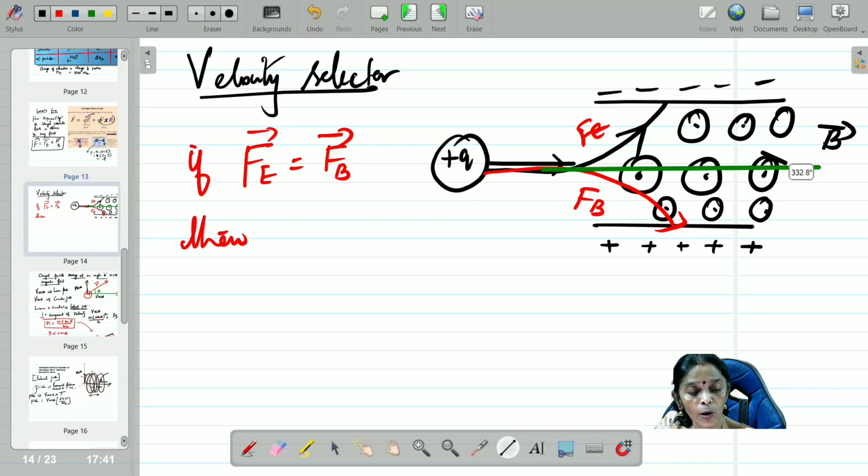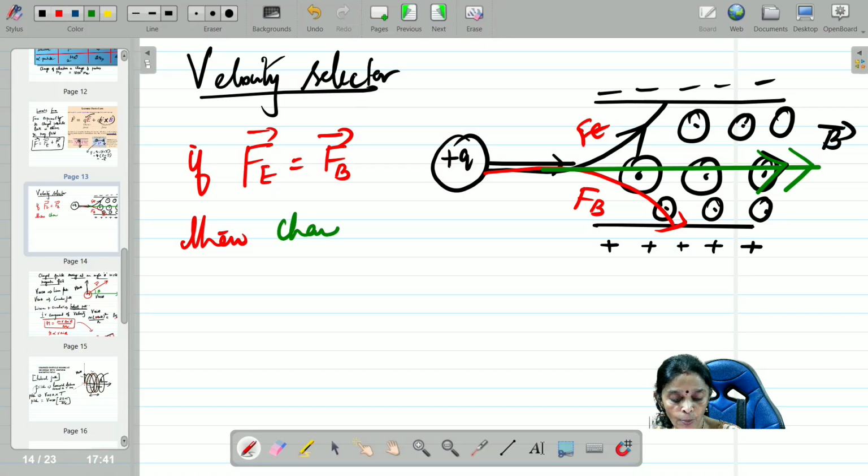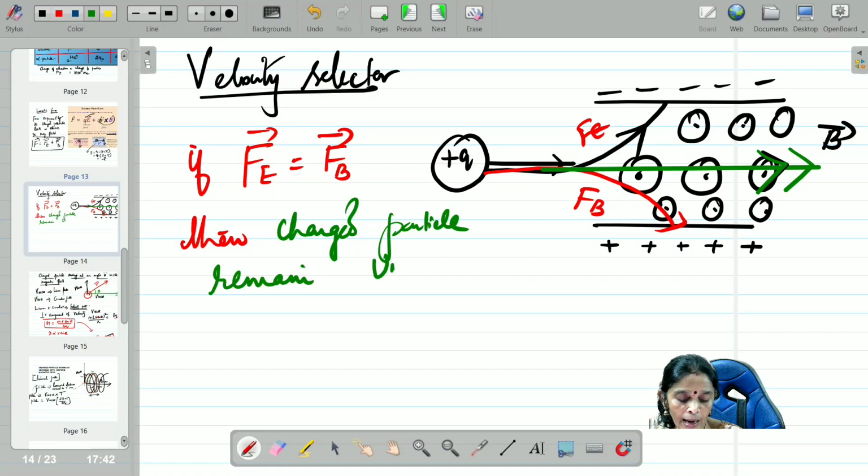That is called a velocity selector. So what condition gets it undeflected? Force due to electric field is equal to force due to magnetic field. Then the charged particle remains undeflected, that is, no deviation, neither up nor down. It moves in a straight line path.